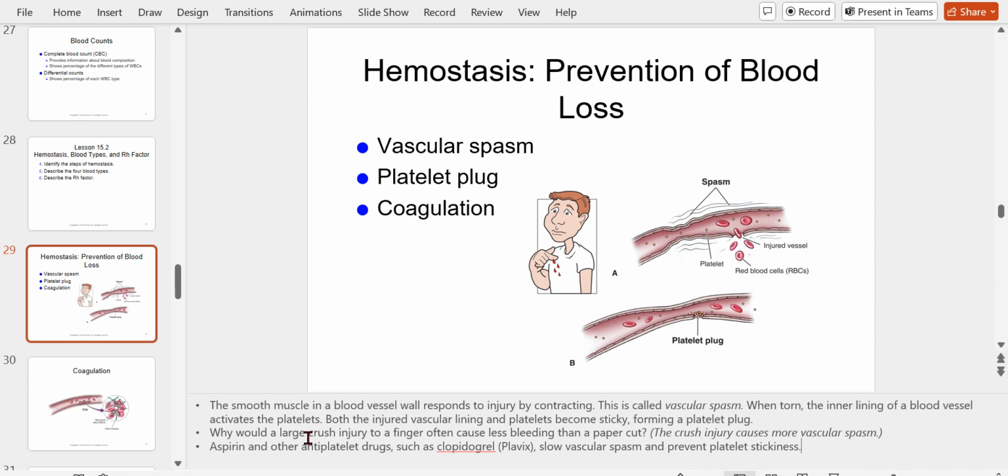So a lot of elderly individuals will take blood thinners. Aspirin is a natural blood thinner. They advertise it: if you feel a heart attack coming on, take 2 aspirin, and that will thin your blood and provide you, hopefully, with a couple of extra minutes until you can get to a hospital and get taken care of. So these are blood thinners.